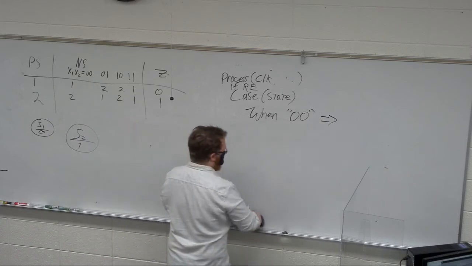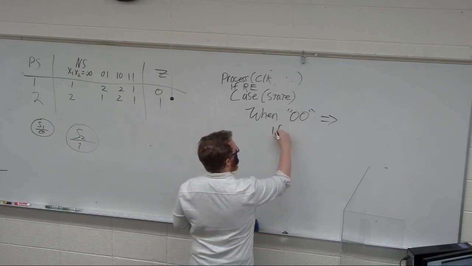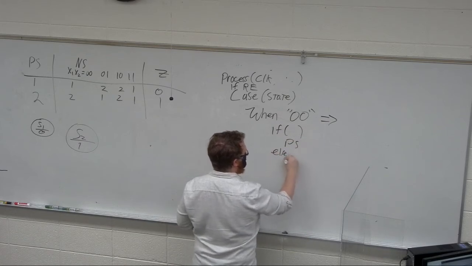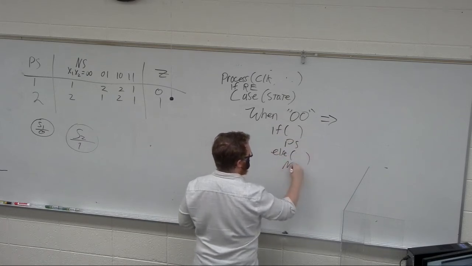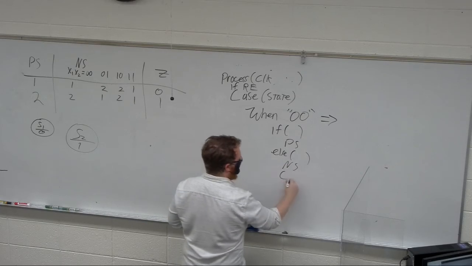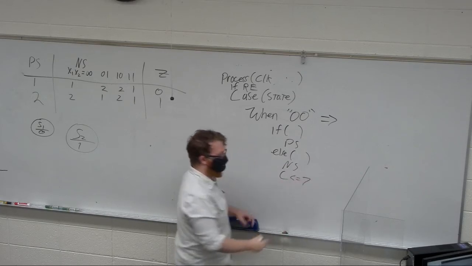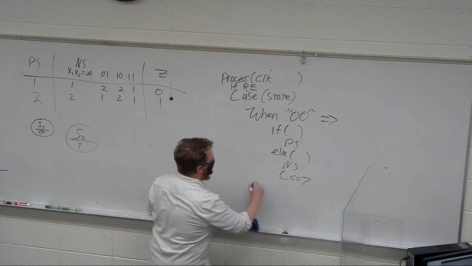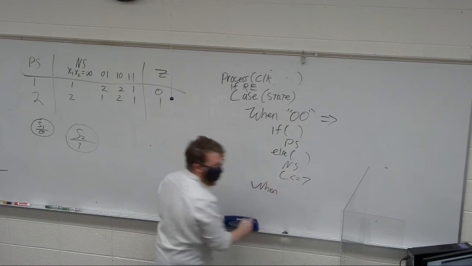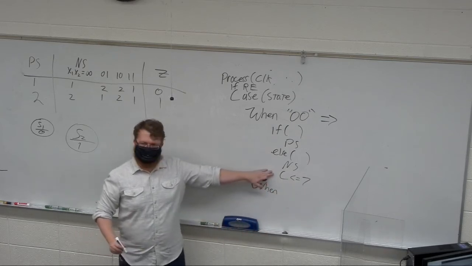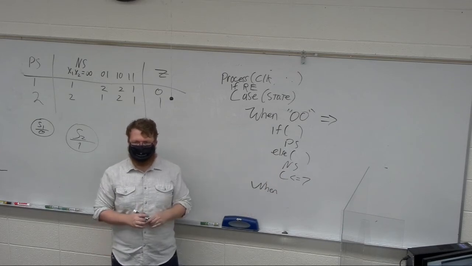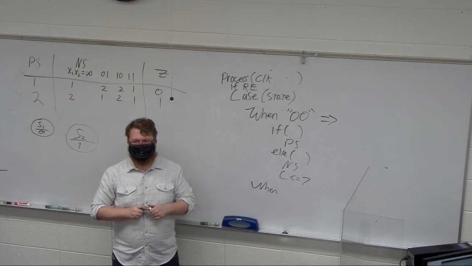So I say, if something, in present state, else something, I'm going to next state, and the counter gets asserted to 7 because I have 7 bits to count down to the next one. So this C equals 7 gets used in the next when, right? So I like to initialize it here, and then use it in the next state. And basically, you can do it either way, but you have to be consistent when you do it.